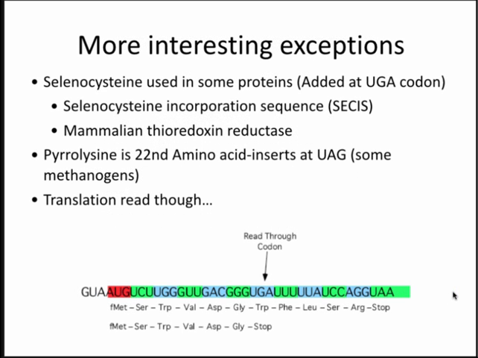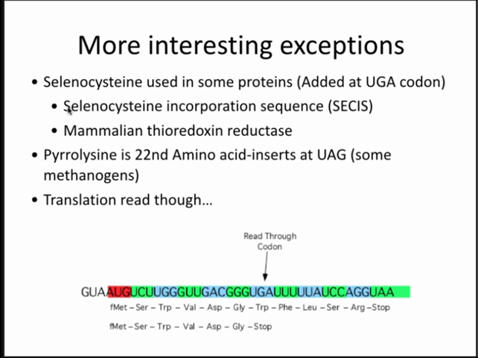Some other interesting exceptions. Selenocysteine, used in some proteins, is added at a UGA codon, and is found in both bacteria and eukarya. If you think about it, the UGA codon is a stop codon. And yet in some instances, for example with selenocysteine and pyrrolysine, this stop codon is ignored.